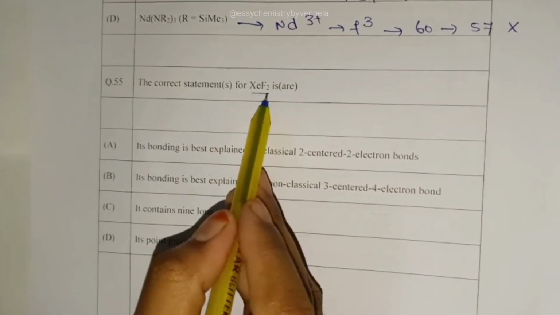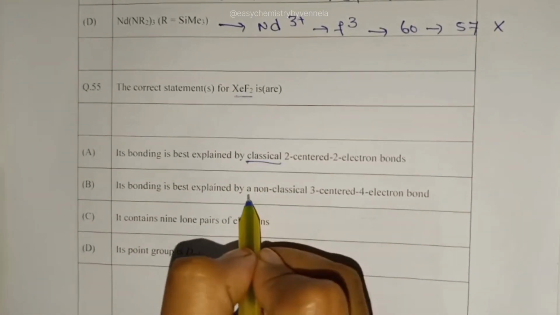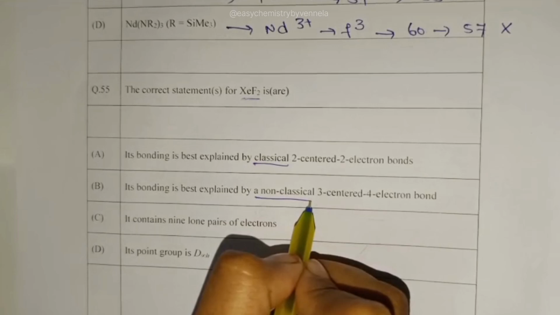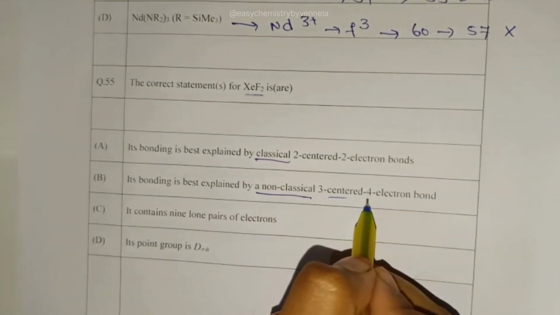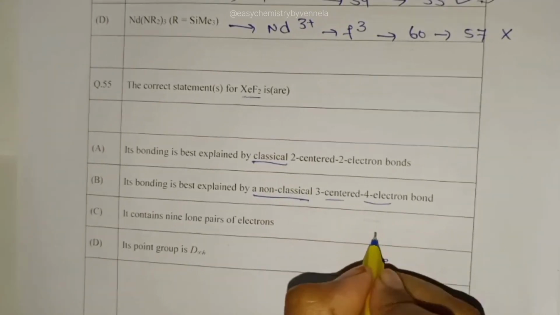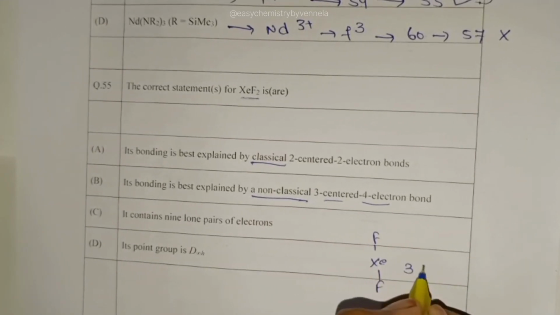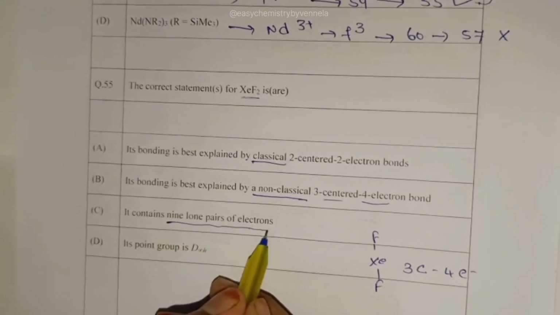Next, the correct statements for XeF2 are, in this, classical and non-classical. XeF2 forms only non-classical 3 center 4 electron bonds, and it has 9 lone pairs of electrons.